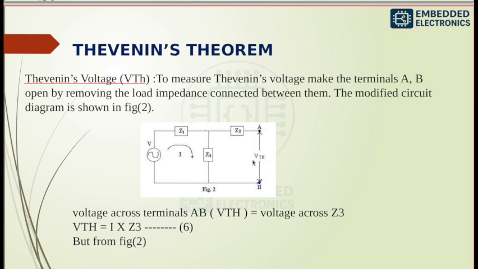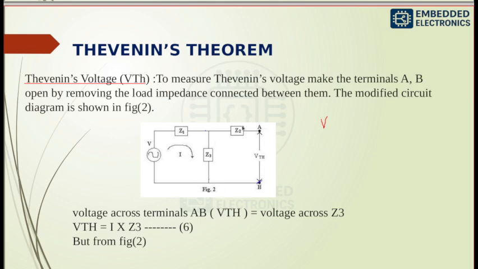Now VTH is equal to VZ3 also, right? What is V? From Ohm's law we know V equals IR. Now we can write VZ3 or VTH equals I into Z3. Okay, this we know from Ohm's law.